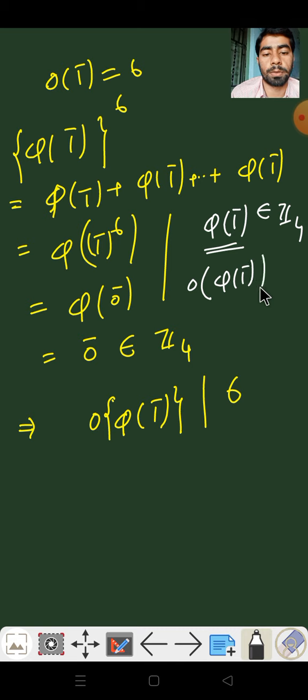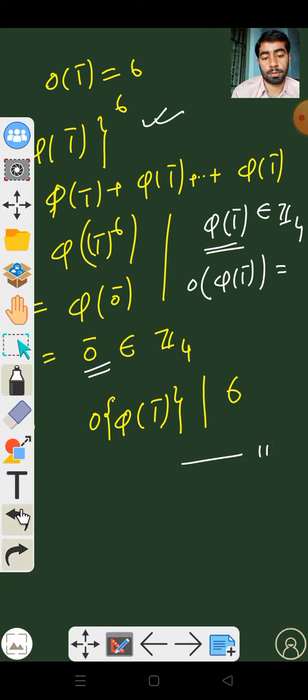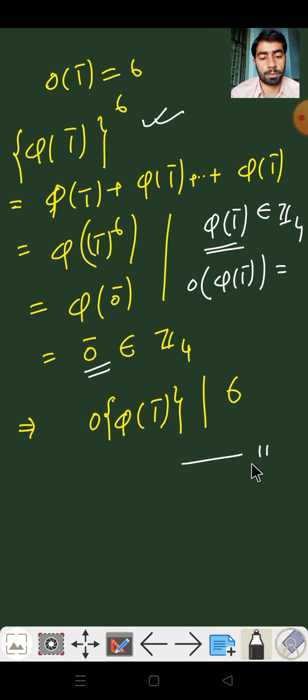If it is m, then it will divide 6, because phi of class 1 to the power 6 will always be equal to e dash, the identity element of the image set Z4. That's why the order of phi of class 1 divides 6. Hence, this is our next equation, equation number 2.